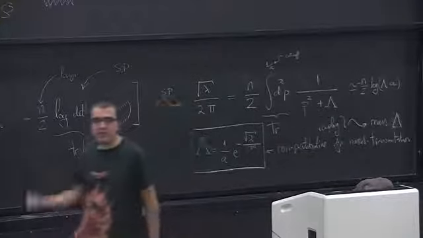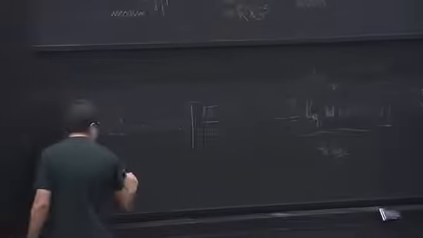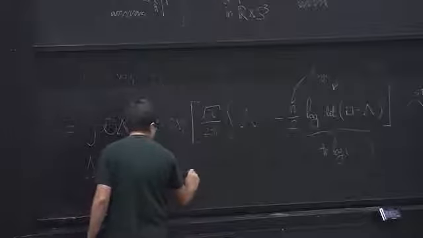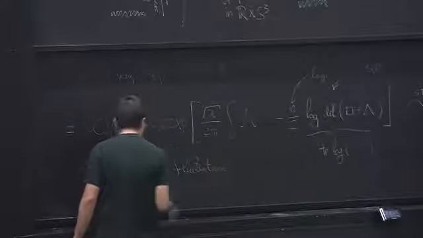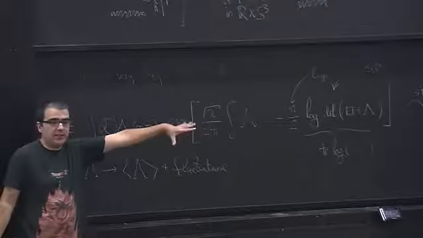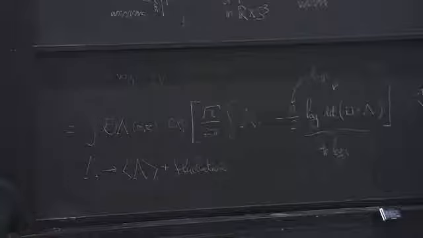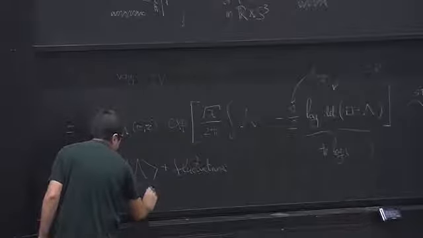And now what is the physical picture therefore? The physical picture is that lambda now will go to this expectation value of lambda that we just computed plus small fluctuations. Okay? And we saw that there was a VEV that we just estimated, which is non-perturbatively generated. Let's define it, let's call this VEV m squared.